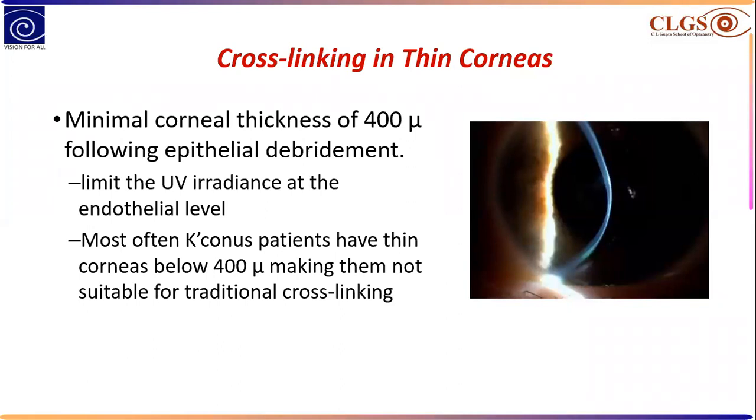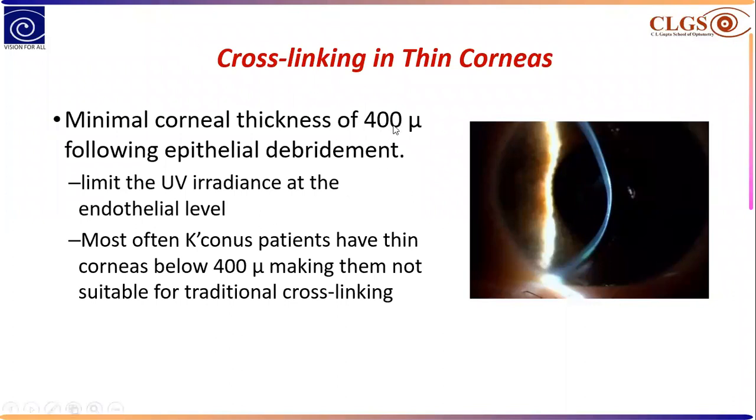Some consultants and some literature say 380 micrometer can also be considered, but most of the literature agrees on 400 micrometer. So this is the minimal corneal thickness, 400 micrometer, following epithelial debridement. That should be there to do the cross-linking.